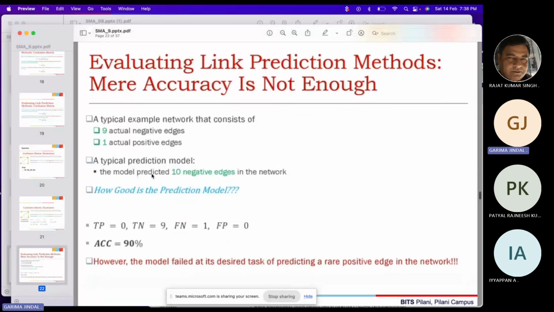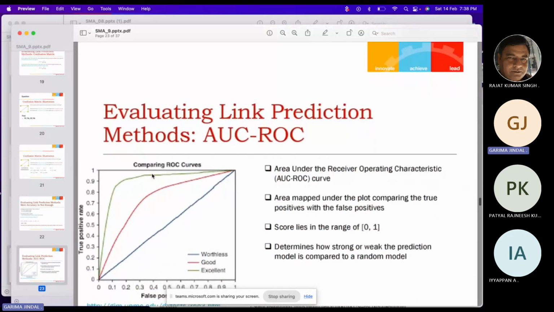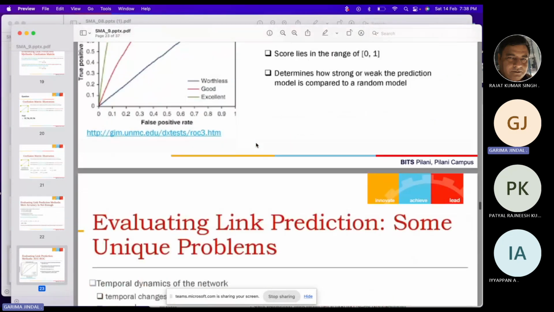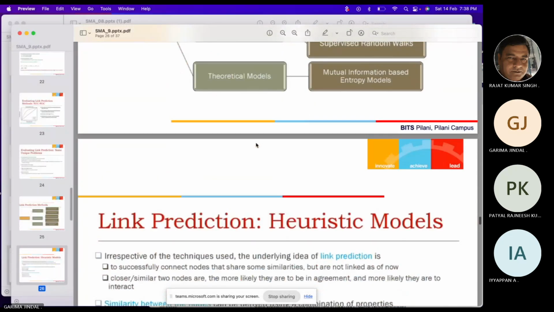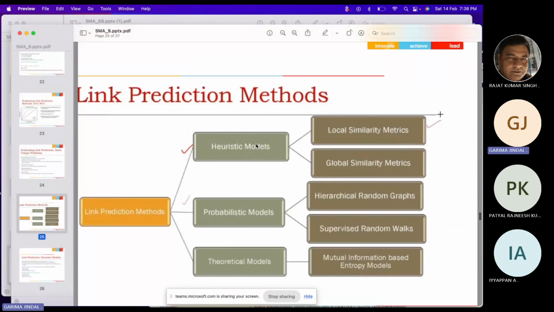We have seen that one of the best suited methods for evaluating link prediction is the AUC ROC method. After studying how to evaluate link prediction methods, we next started the discussion of the different algorithms in link prediction.